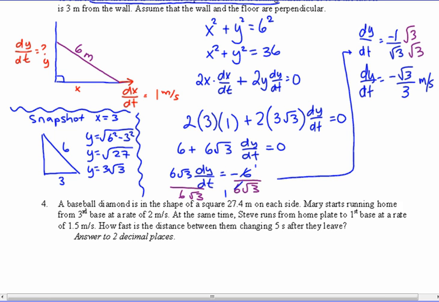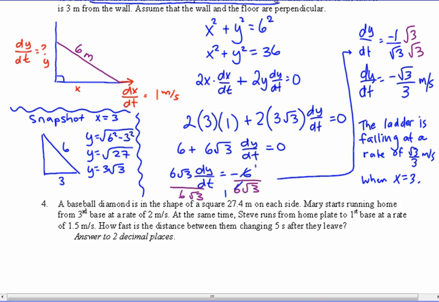Sometimes it really doesn't make a difference, does it? So we could say the ladder is rising or falling? Falling at a rate of root 3 over 3 meters per second when x is 3, or when the foot of the ladder is 3 meters from the base.